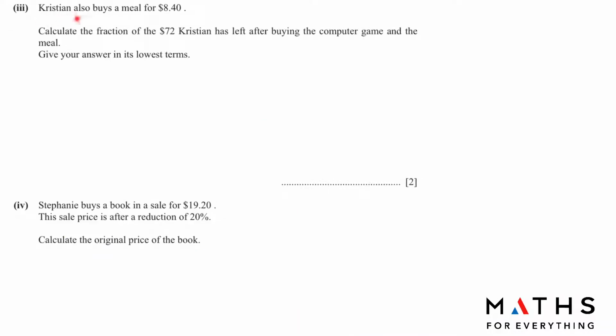A3, Christian also buys a meal for $8.40. Calculate the fraction of the $72 he has left, this is important, after buying the computer game and the meal. So how much did he spend out of the $72? 32.4 plus 8.4.